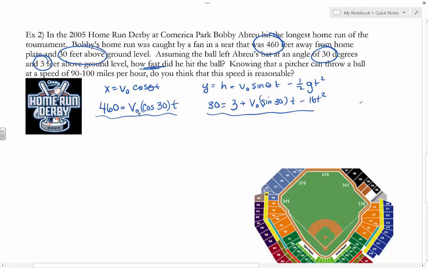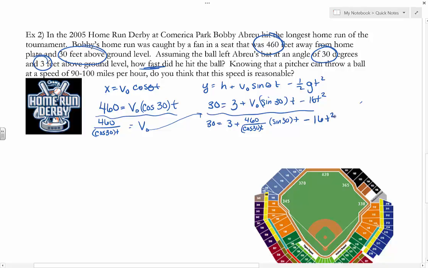So I'm going to solve this for, let's solve it for v sub 0. So v sub 0 is 460 divided by cos 30 times t. And I'm going to sub that in over here. So then I'm going to have 30 equals 3 plus 460 over cos 30t times sine 30t minus 16t squared.